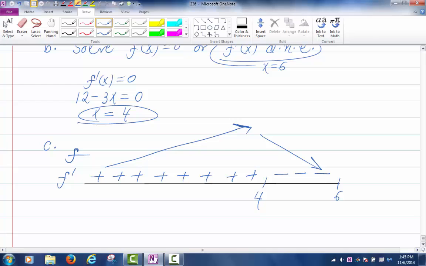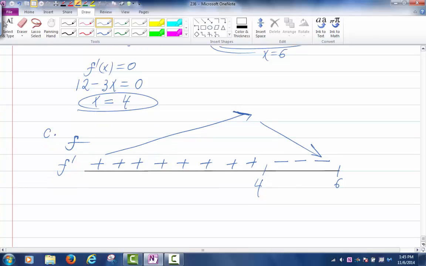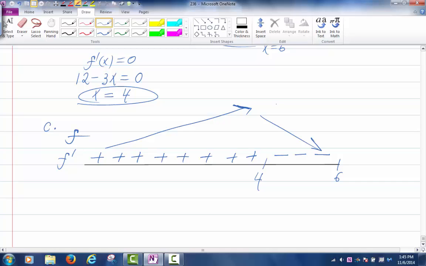Everybody's okay? So at 4, what do I have? Notice that f of 4 becomes a local maximum. Everybody's okay? It becomes a local maximum.